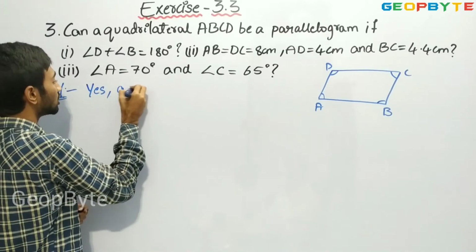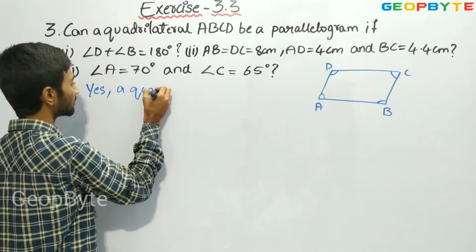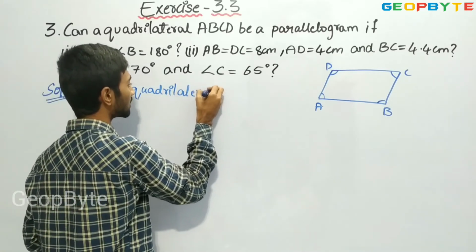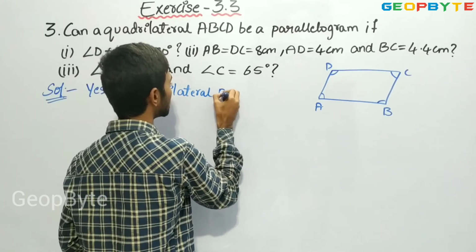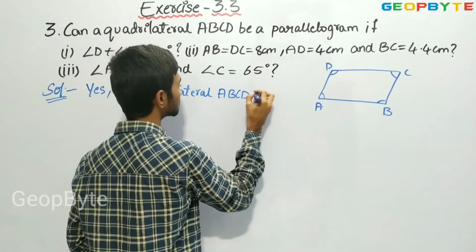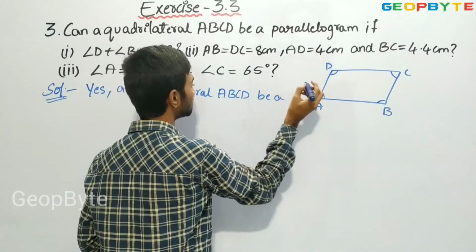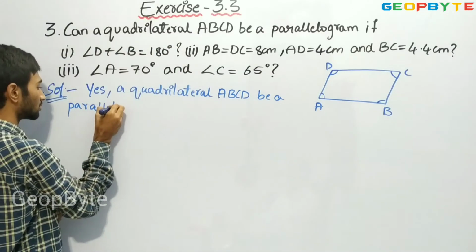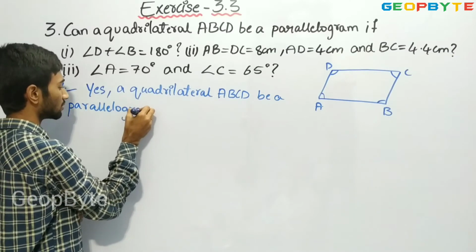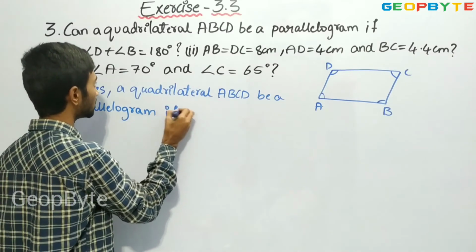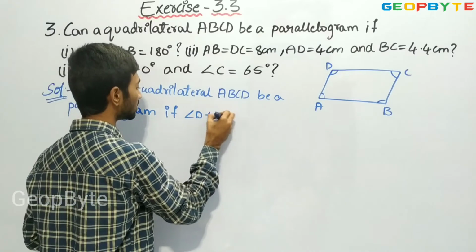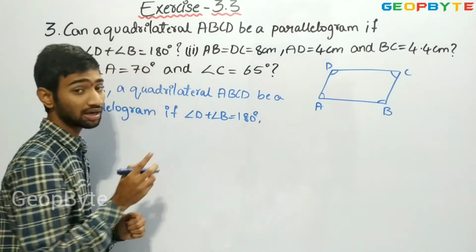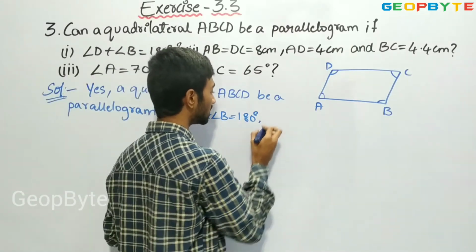Yes, a quadrilateral ABCD can be a parallelogram if angle D plus angle B equal to 180 degrees. But it must satisfy some conditions.